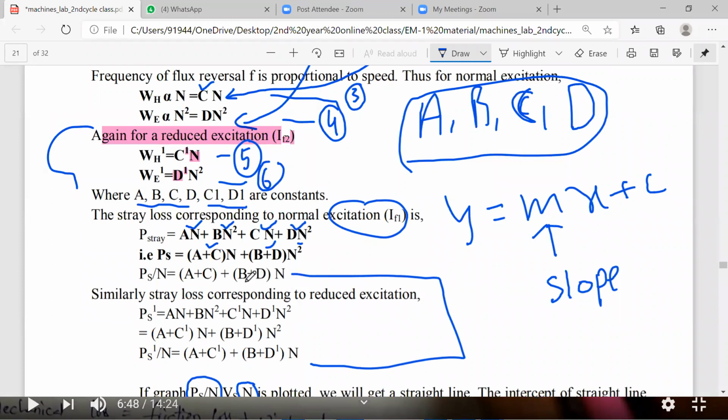B plus D is the slope and B plus D dash is the slope. The constants are A plus C and A plus C dash in the 2 equations. Suppose this is equation 7 and this is equation 8. These 2 equations represent straight lines with some slope and some constants.